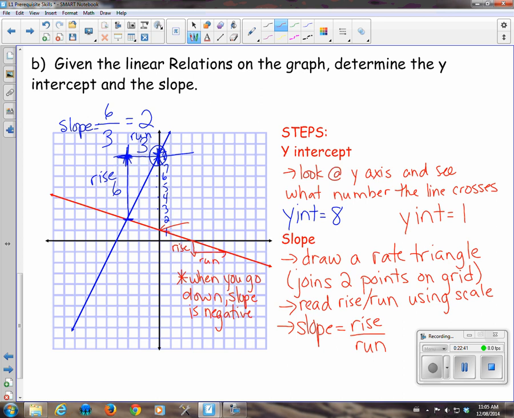So my rise is -1 and my run is 3. So slope is rise over run, which is -1 over 3 for the red line.